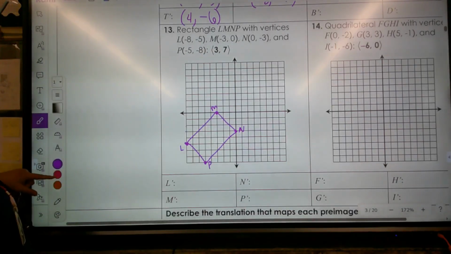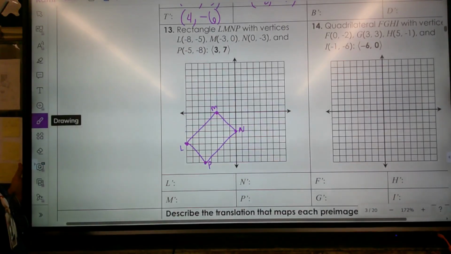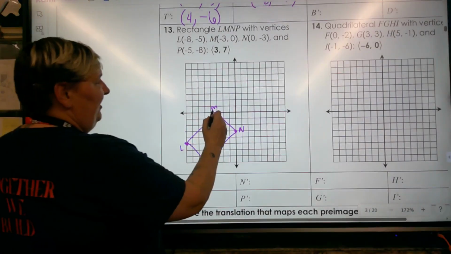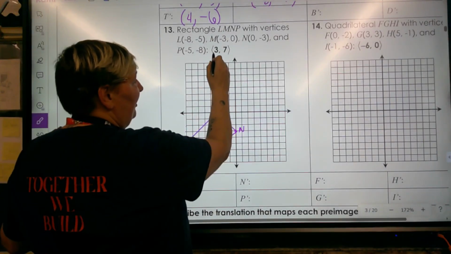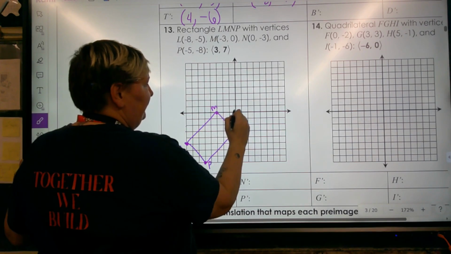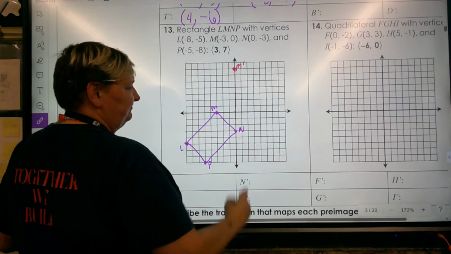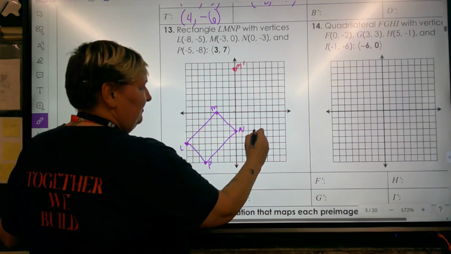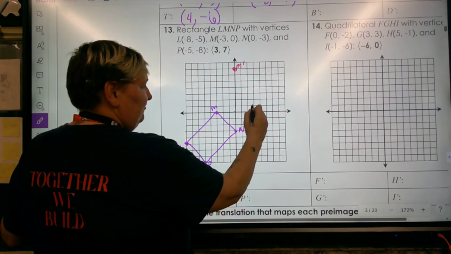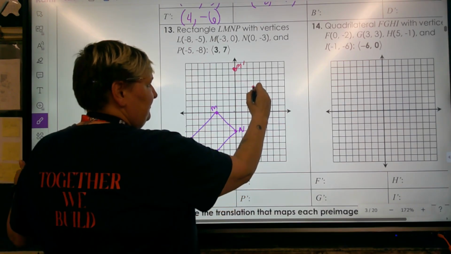Do you want to do this one like we did the other one, counting off each point and then figuring out the coordinates? All right, M. We're going to go right 3, up 7. So this is now M prime. Right 3. 1, 2, 3, 4, 5, 6, 7. Up 7. N prime.